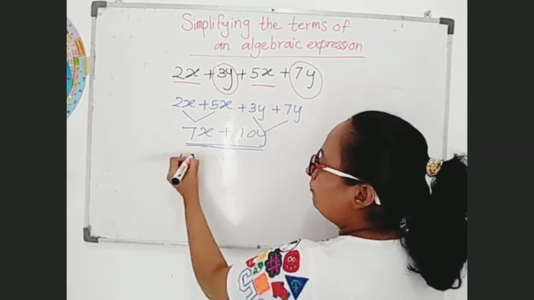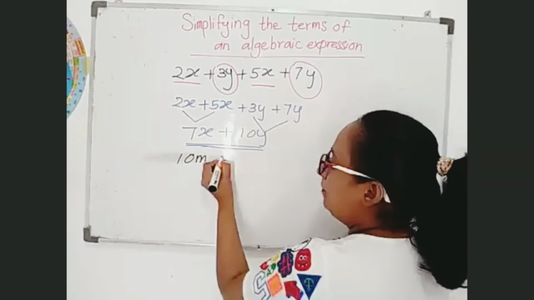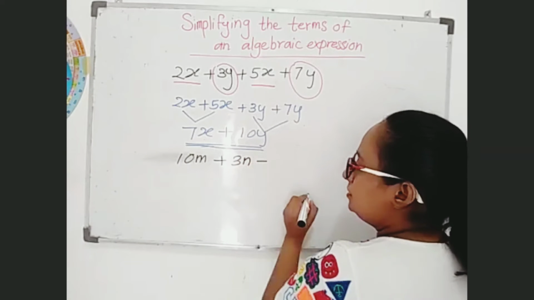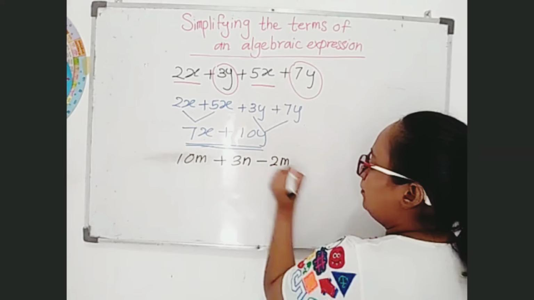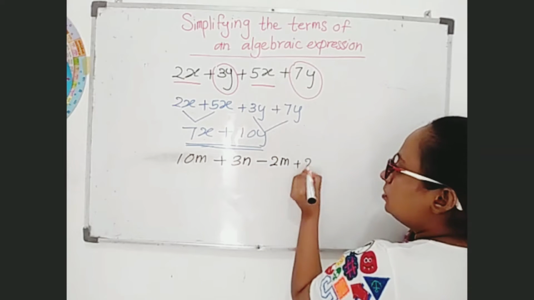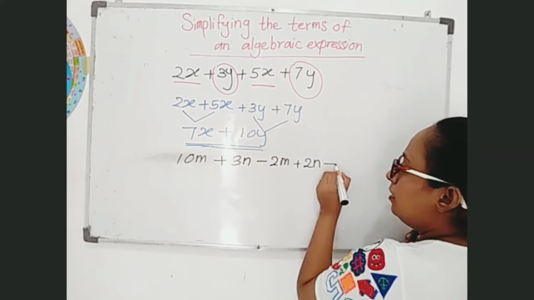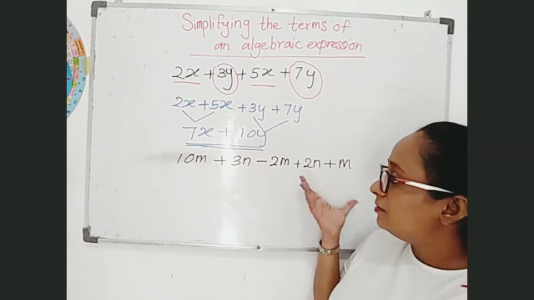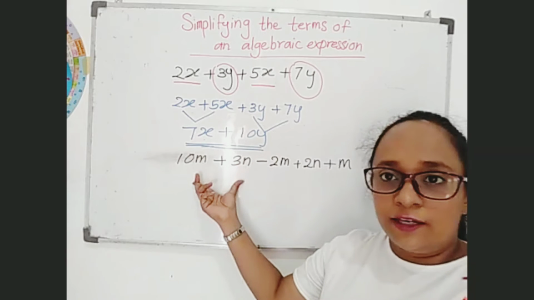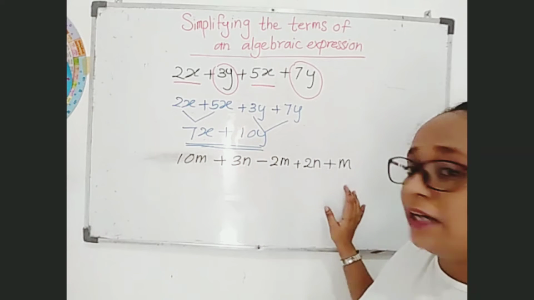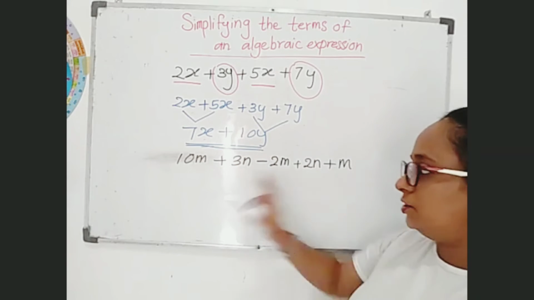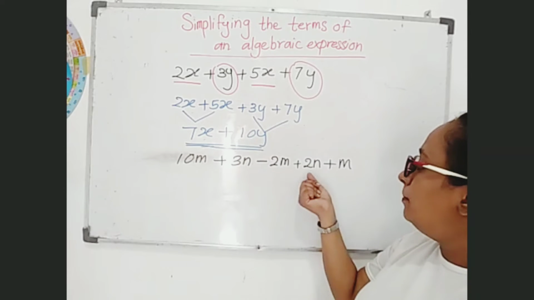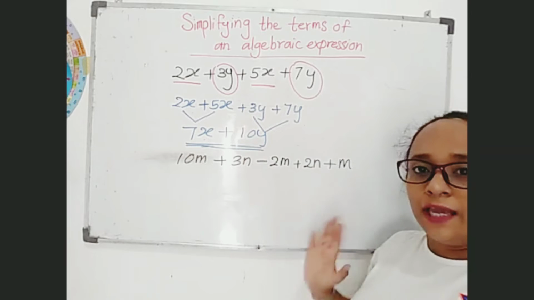So I have 10m plus 3n minus 2m plus 2n plus m. Right? This is a bit long algebraic expression. ඔන්න මම තියෙනවා ටිකක් දිග algebraic expression එකක් බීජීය ප්‍රකාශනය. 10m plus 3n minus 2m plus 2n plus m.